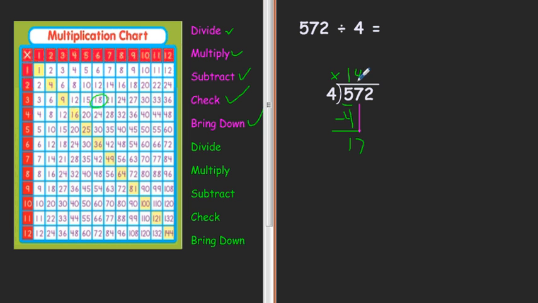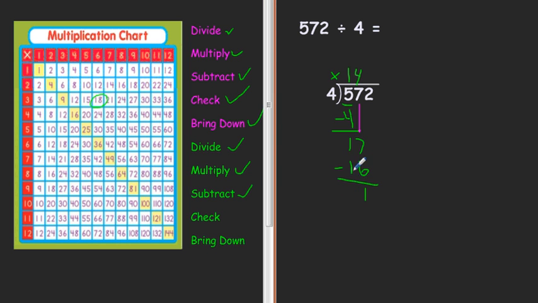Now I'm going to multiply. 4 times 4 is 16. Now notice I'm not multiplying the 1. I'm not doing 14 times 4. I'm just doing 4 times 4. Now I subtract. 17 minus 16 is 1.